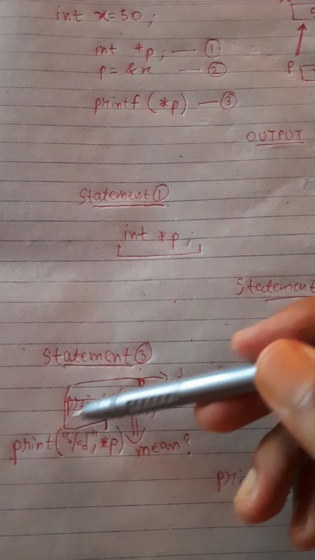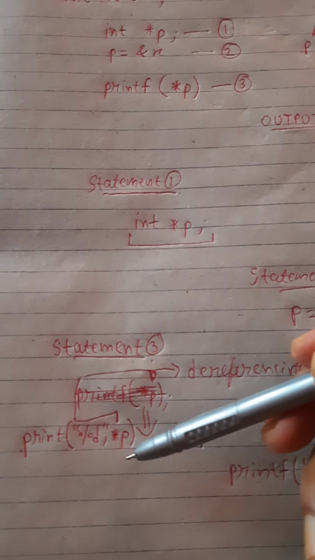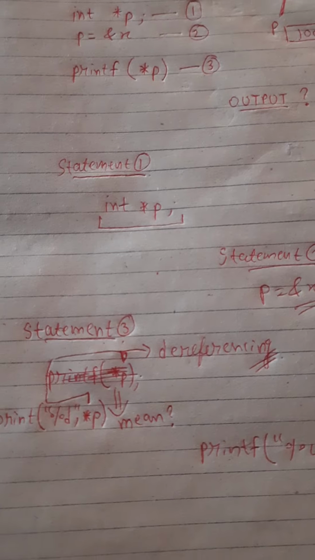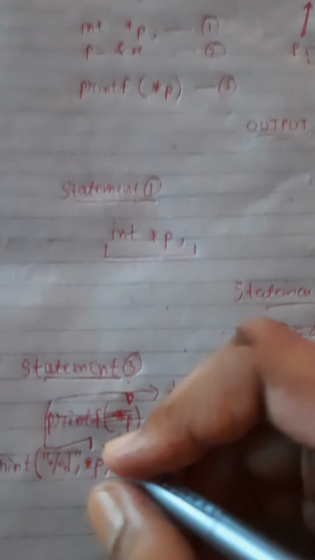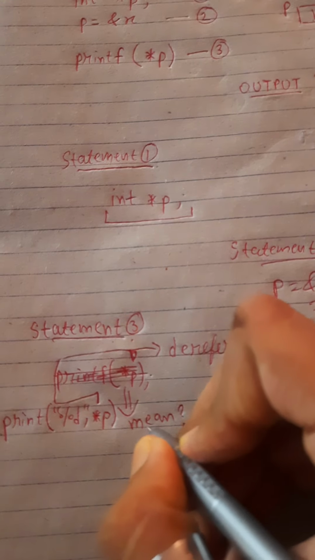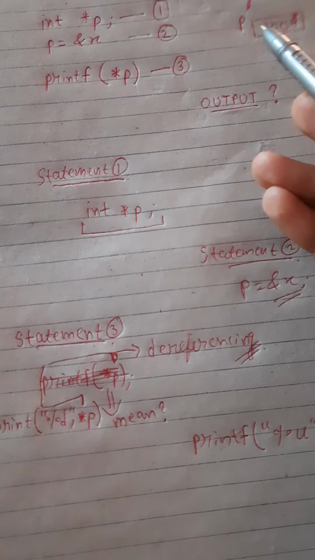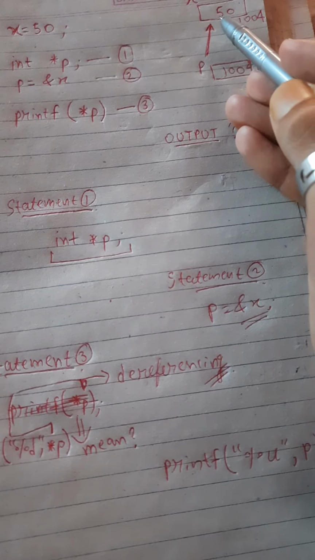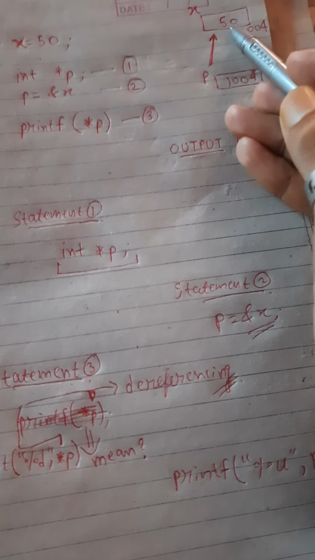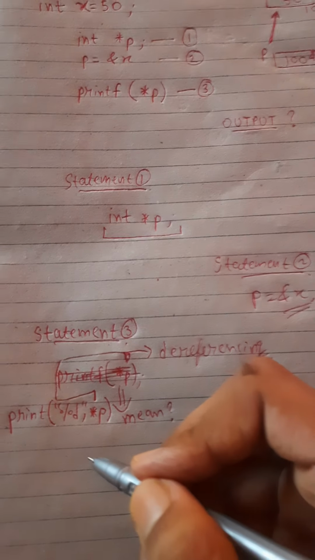But when we are writing this kind of a statement, where star p is involved, what does that basically mean? Since it is pointing, whenever we write star p in any executable statement, this basically will retrieve this particular value 50, and that will get printed.